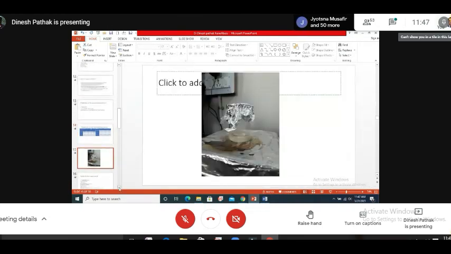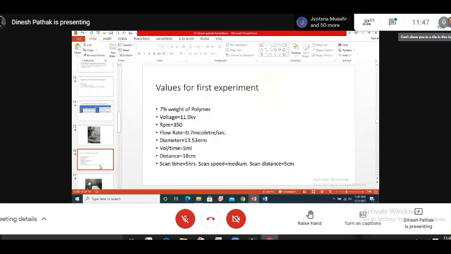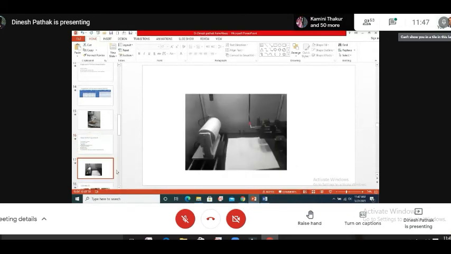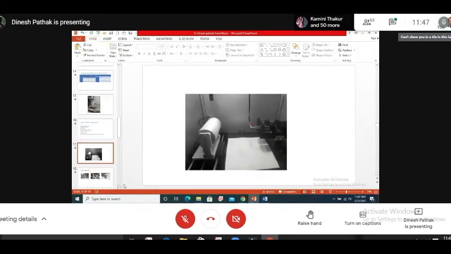We mixed the two solutions, and we fixed these parameters here. This is a close view of the experiment. This is a syringe. Because this is syringe based electrospinning equipment, we filled the solution over here and applied potential, one side here and one over the drum.